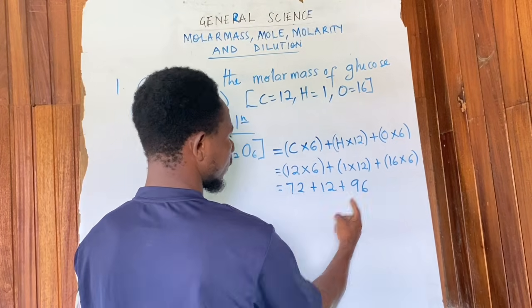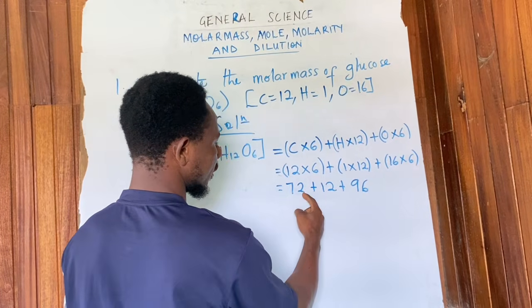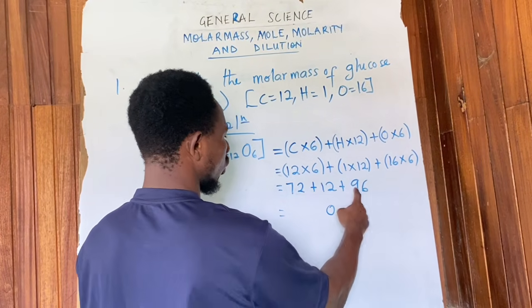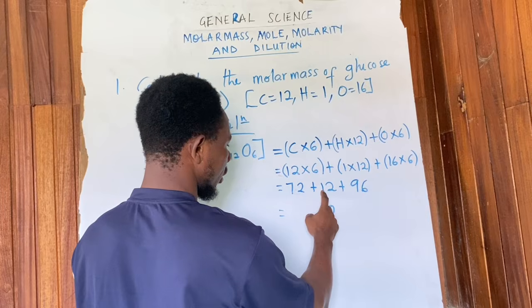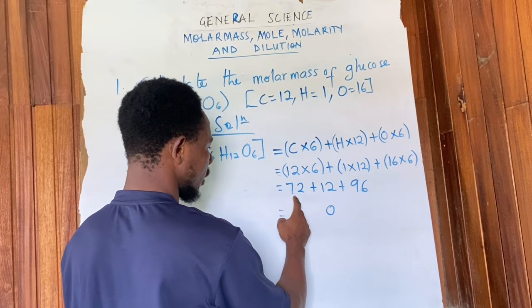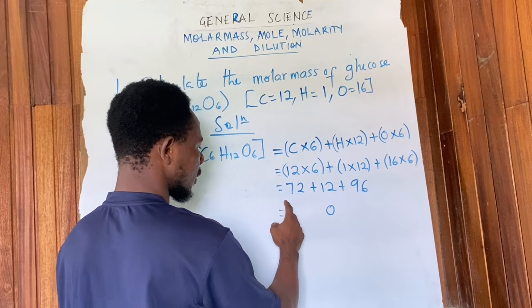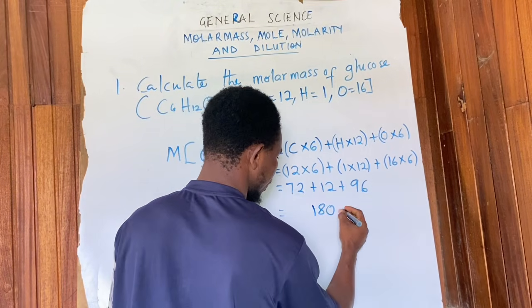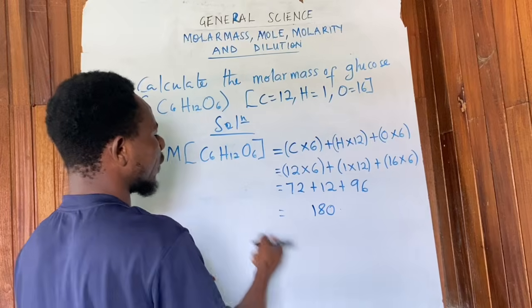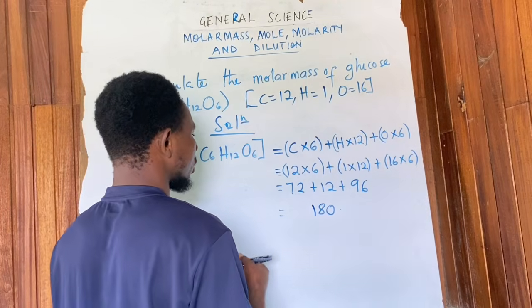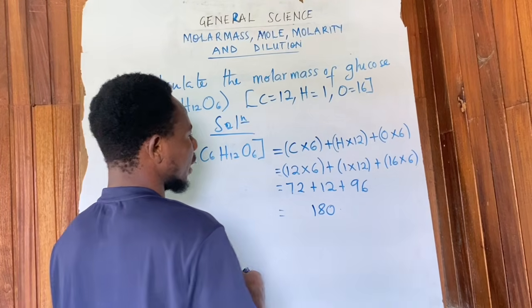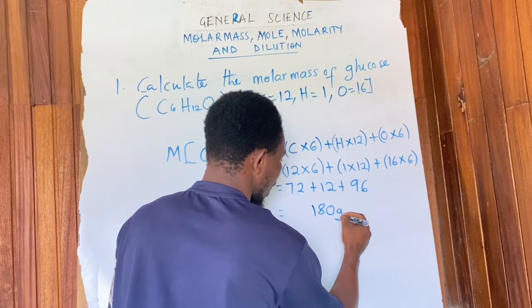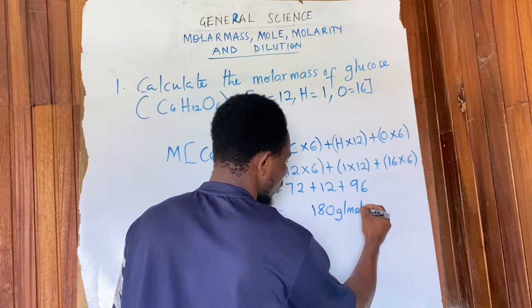So we add them: 72 plus 12 plus 96, and we get 180. Now, for 180, you have to attach the unit. For molar mass, its unit is grams per mole.